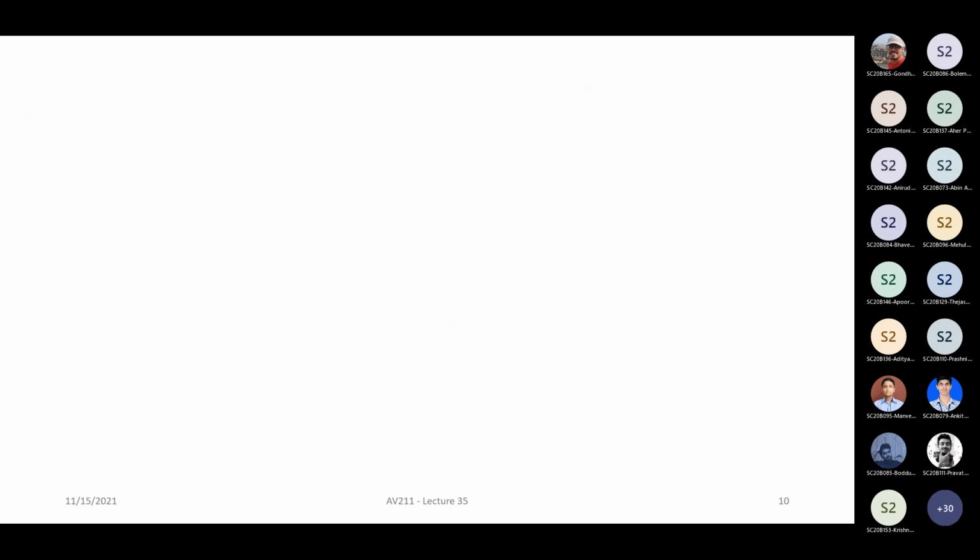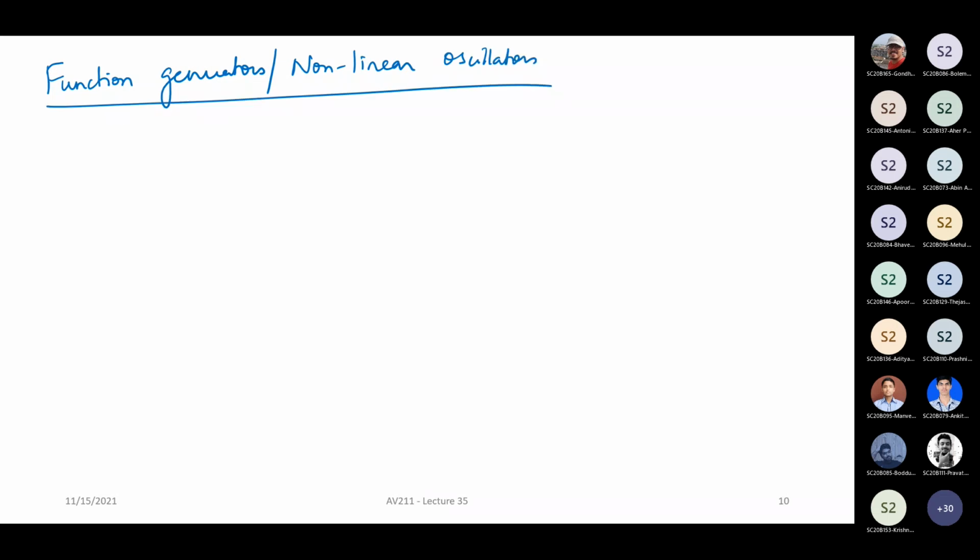So far we looked at the sinusoidal oscillators. Now let us look at the nonlinear oscillators, or function generators. Here, of course, we have already studied the bistable multivibrator, which is also called the Schmitt trigger.